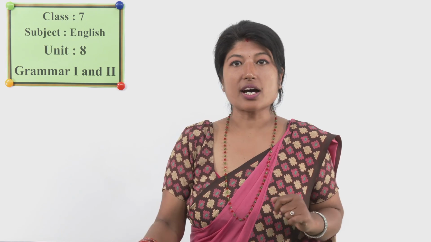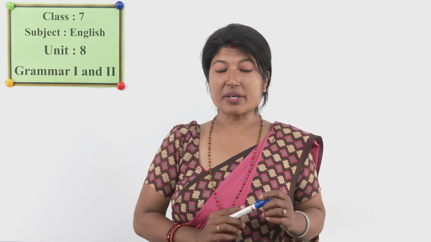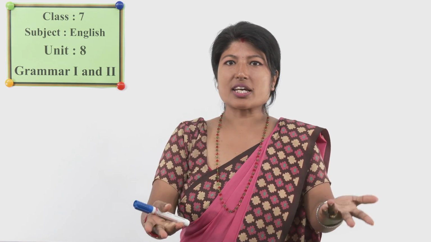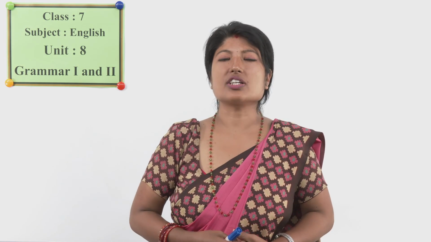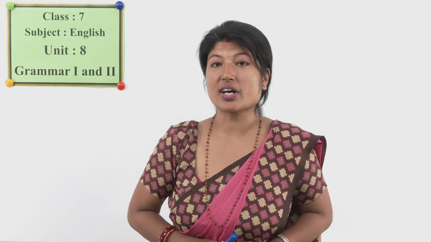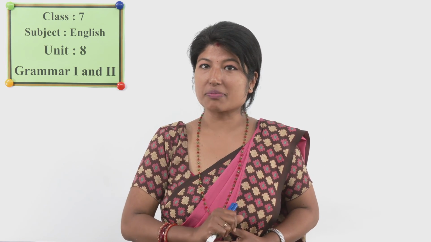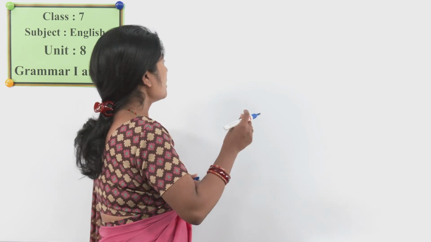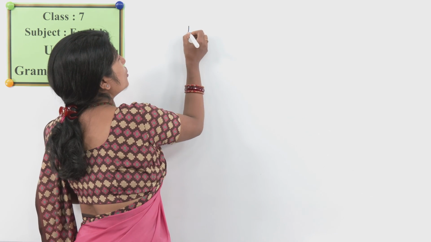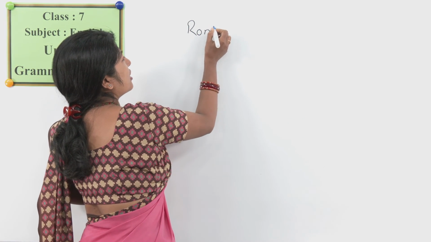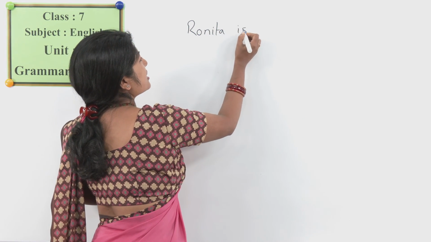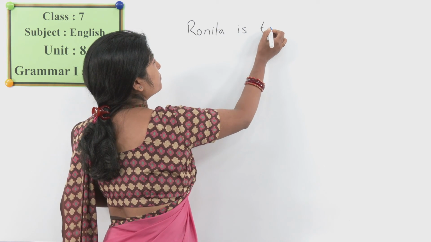Before I start the grammar topic, let me make you guess what grammar topic we are going to deal with. For that, I'm going to write some sentences on the board. Please look at me. Ronita is tall.